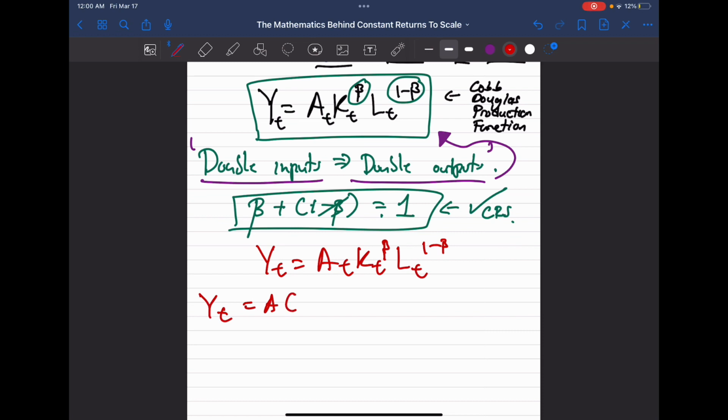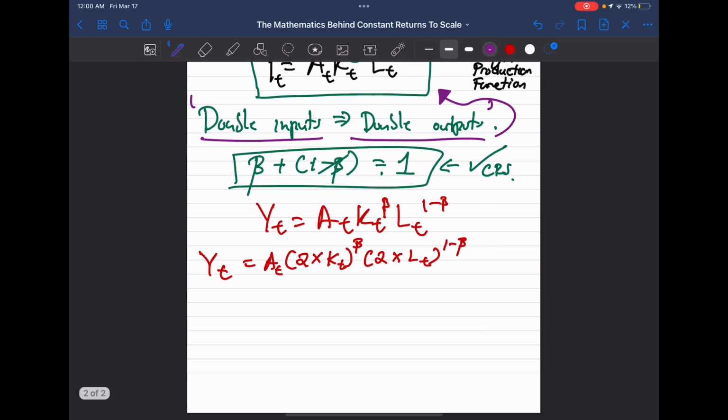So I multiply my capital by 2 because I'm doubling them. Don't forget the power exponent, which is beta. I multiply my labor by 2. Don't forget the power, which is 1 minus beta. We're going to manipulate this and see how we can see constant returns to scale.